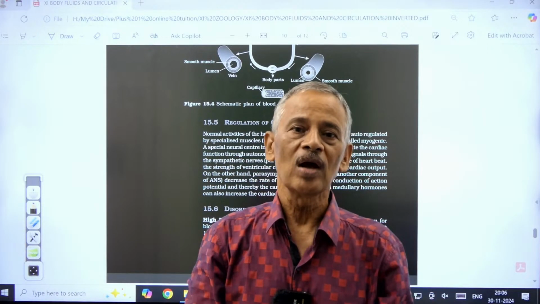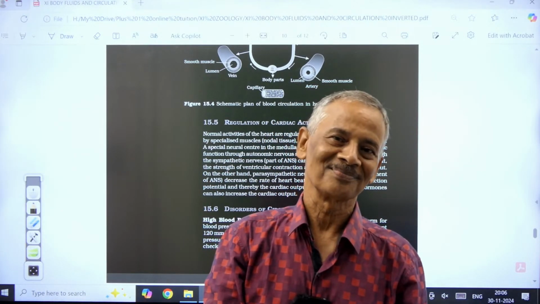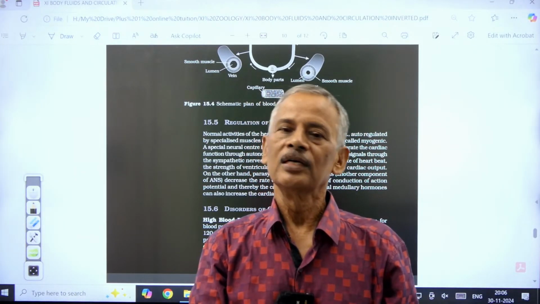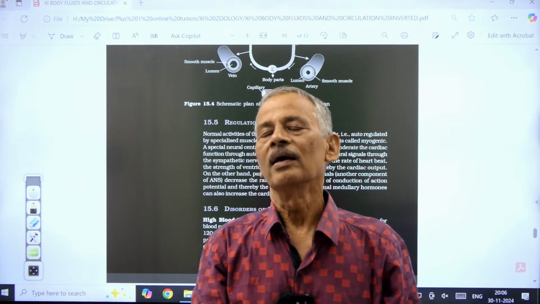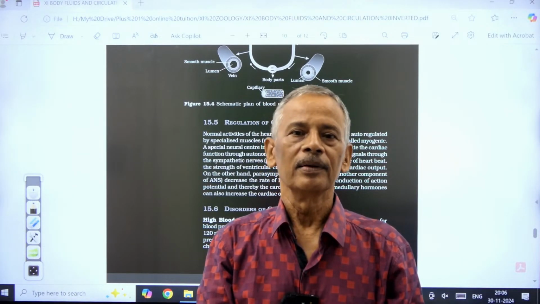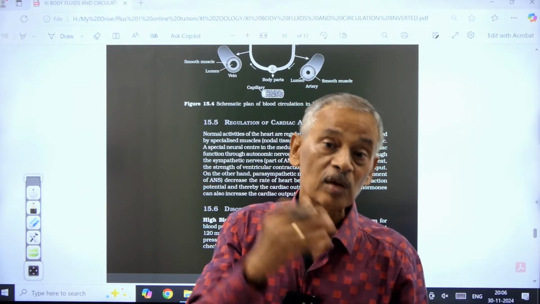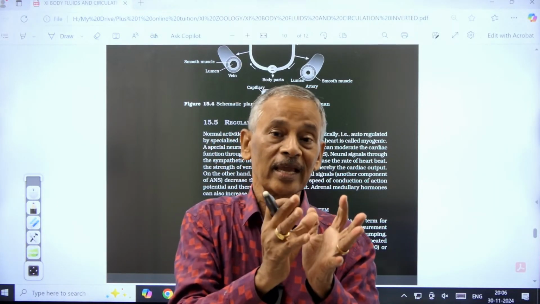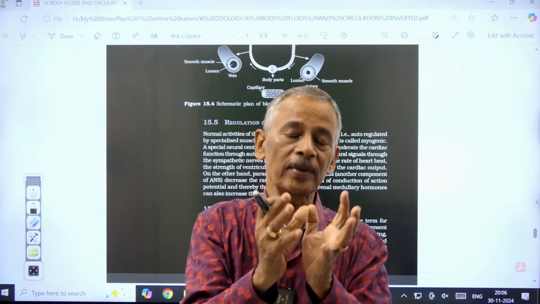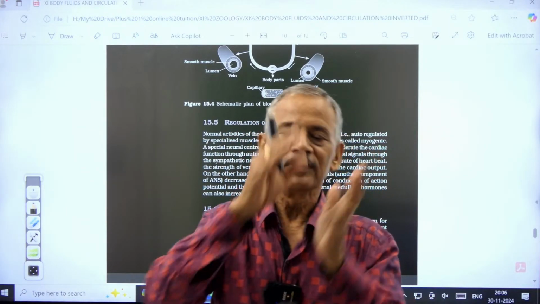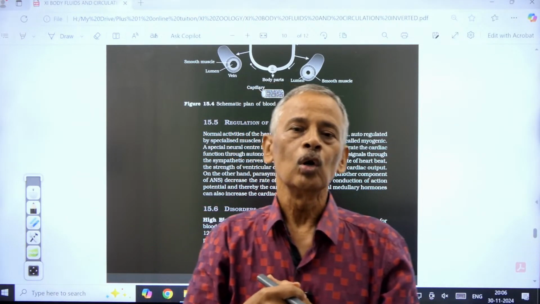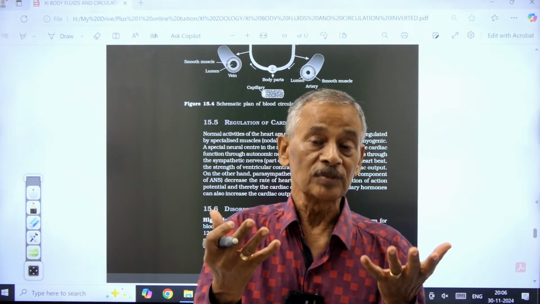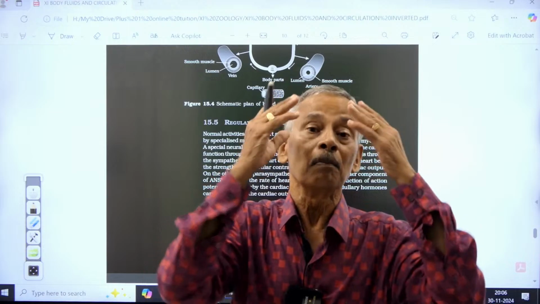You might have heard of heart transplantation. When the function of the heart is highly impaired and very risky, we have to go for a heart transplant. How is it possible? We take a functional heart from a brain-dead person and transplant it into the sick person. This is possible because our heart is myogenic.